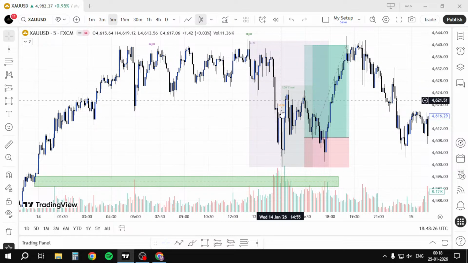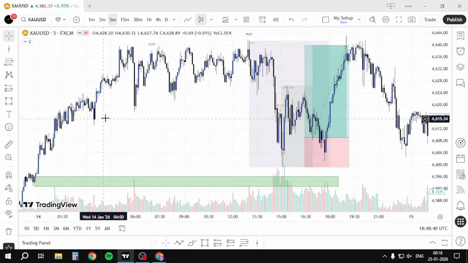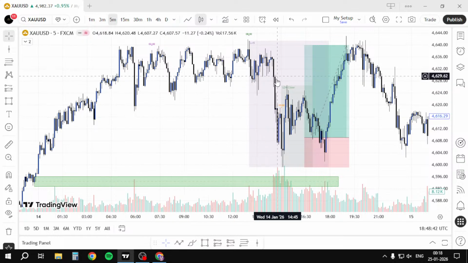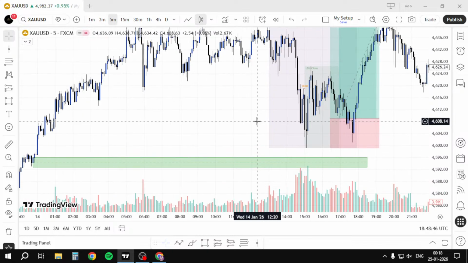Market came downside. Do not mark this as your liquidity candle. No doubt there are wicks, so many wicks, but there are no such POIs which have been tapped. So this move went downside.